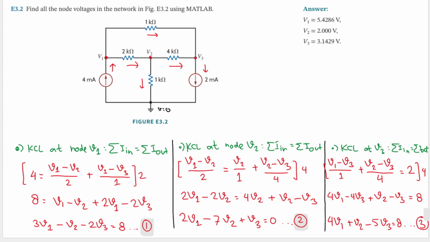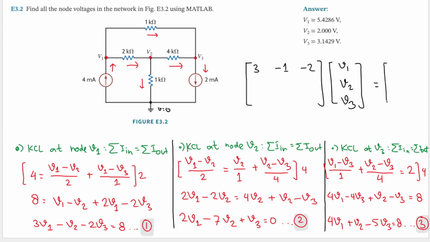So we have 3 equations and 3 variables, and that is good because we can rewrite this in a matrix. So we will have 3, minus 1, and then minus 2, multiplying V1, V2, and V3, and all of that will equal 8.